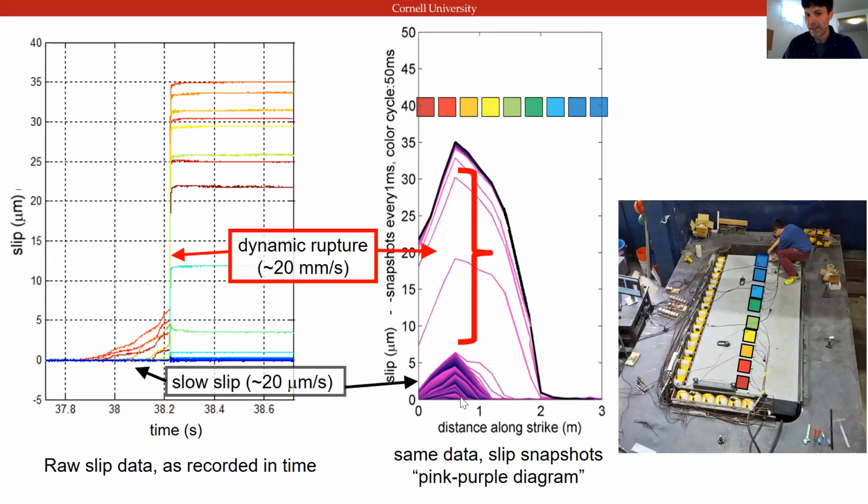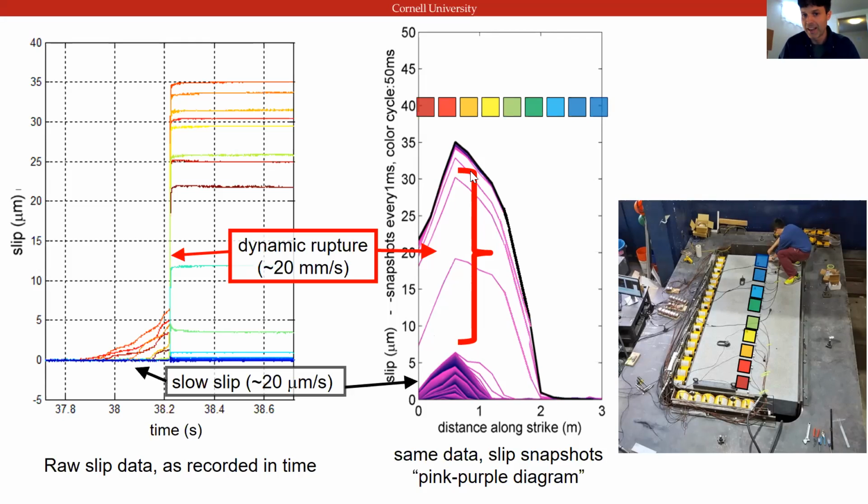So this pink and purple color banding demonstrates very slow fault slip. And when the individual contours separate here, that's super fast slip, where I'm laying down a contour every 200 microseconds or something like that. It says here, snapshots every 1 millisecond, color cycle every 50 milliseconds.